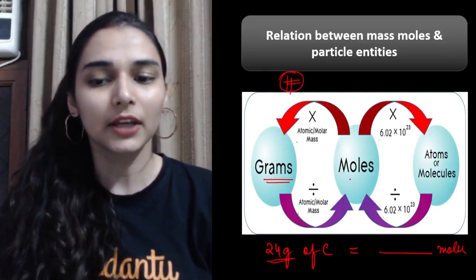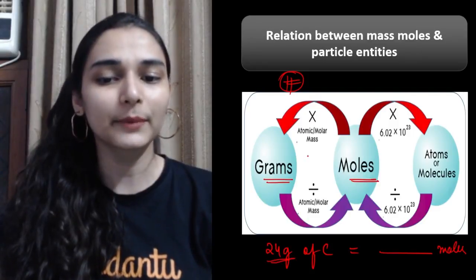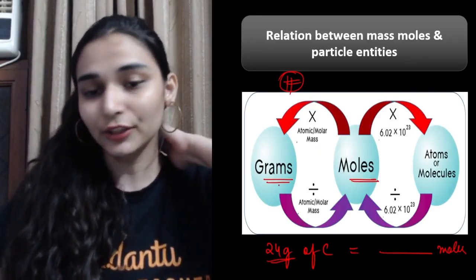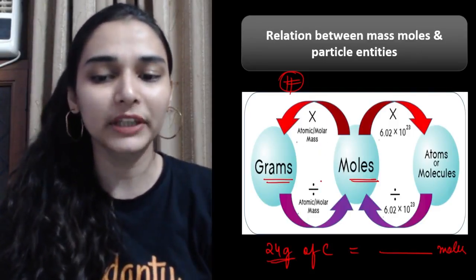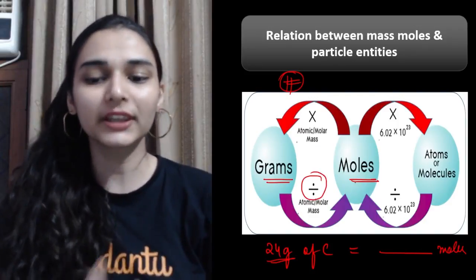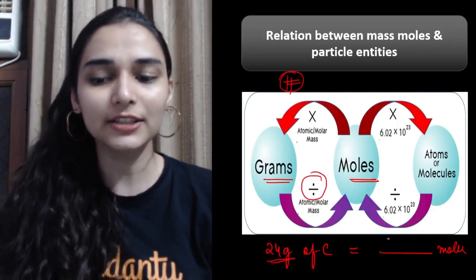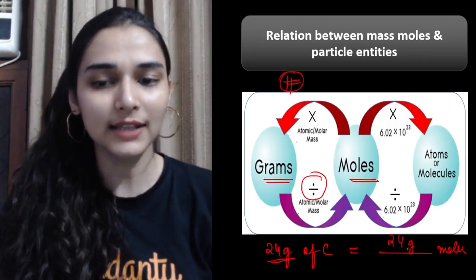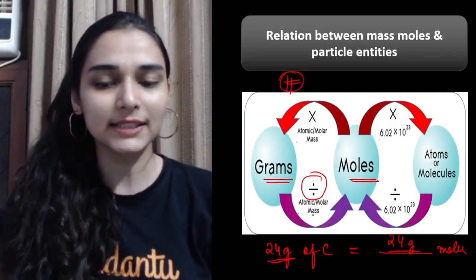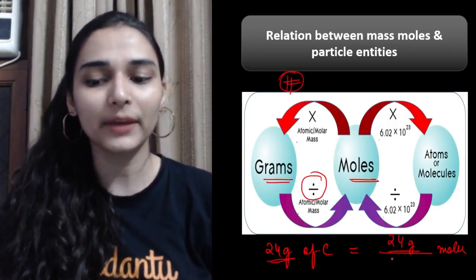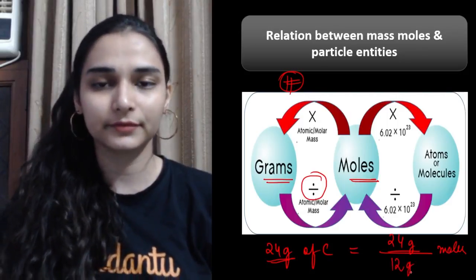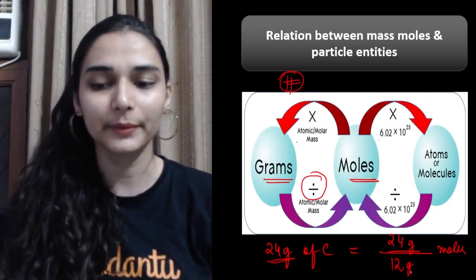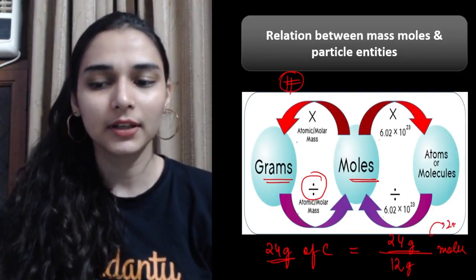If you want to obtain the moles, from grams to moles, you simply divide by the atomic mass or molar mass. 24 gram is the mass. Now divide this mass in grams by its respective atomic mass. What is it for carbon? It is 12, the gram atomic mass. So you will get 2 moles.